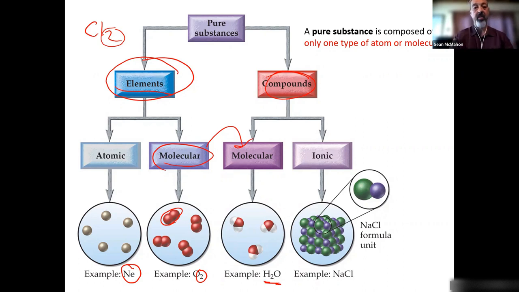Now, there's two types of compounds. There's molecular, sometimes referred to as covalent, and there's ionic, okay? Molecular are true molecules, and they're typically non-metal with non-metal. So hydrogen and oxygen are both non-metals. So this is non-metal with a non-metal.